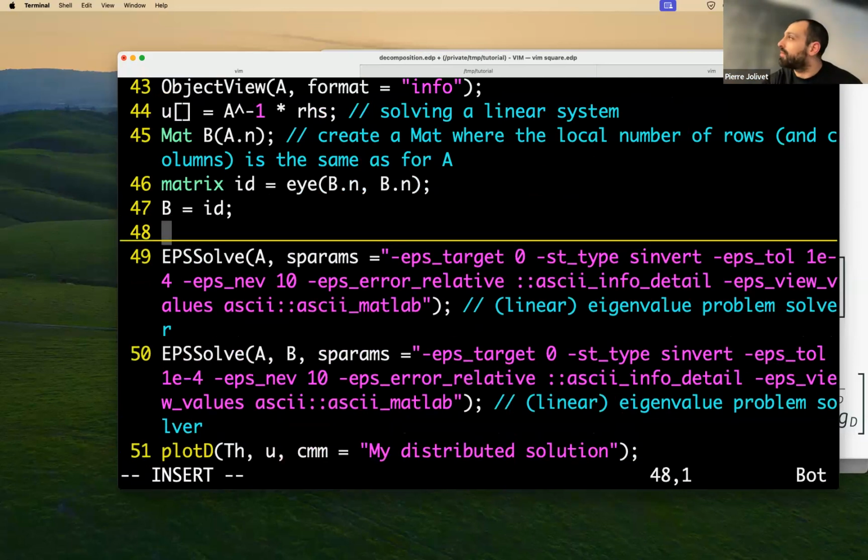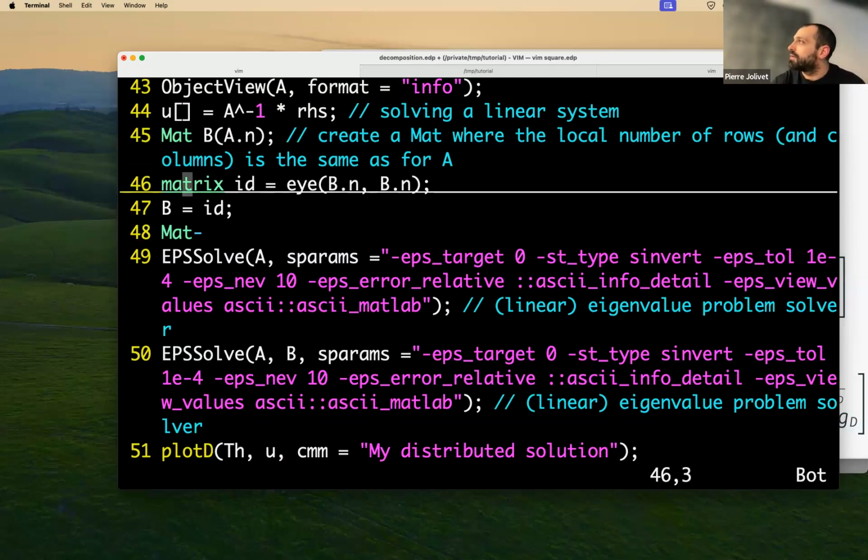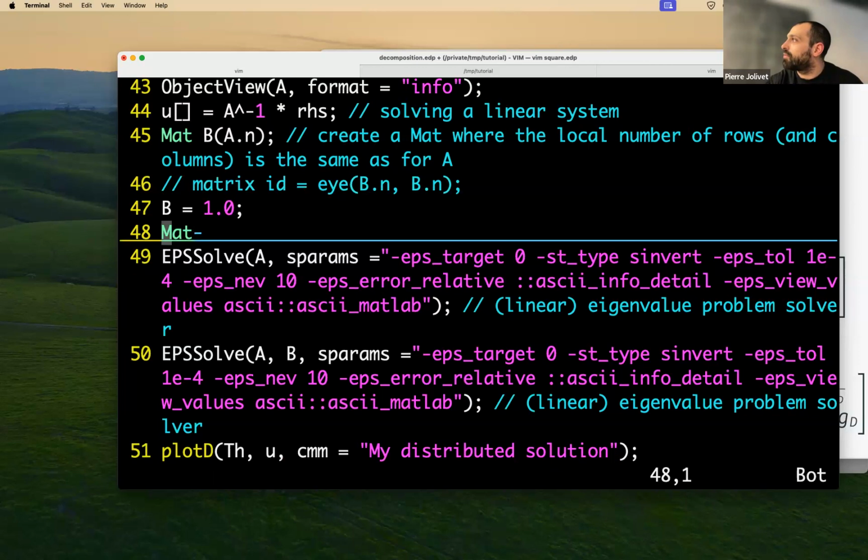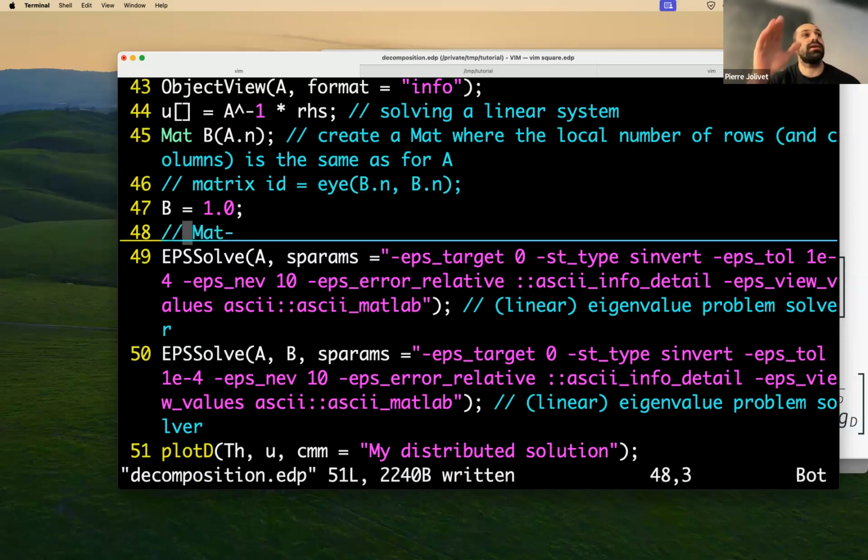So maybe something like this, it's not in the API for now, but we could add it. We could do something like a tag, for example 1, to say that we have a constant diagonal matrix.